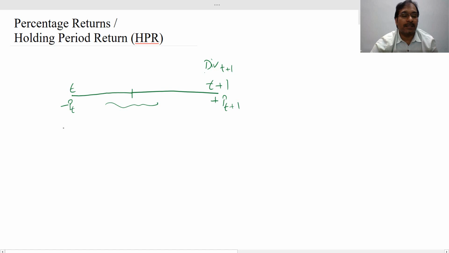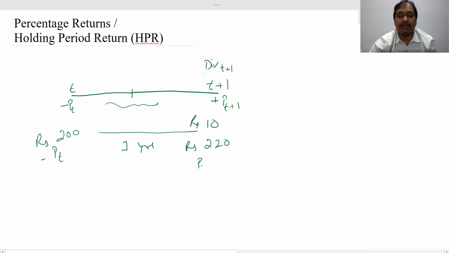Let us say at price T you purchase the stock for rupees 200 and you hold this stock for 1 year, and during the period the stock paid you a dividend of rupees 10 and you sold the stock for rupees 220. So this is your purchase price, this is your selling price and this is your dividend amount.